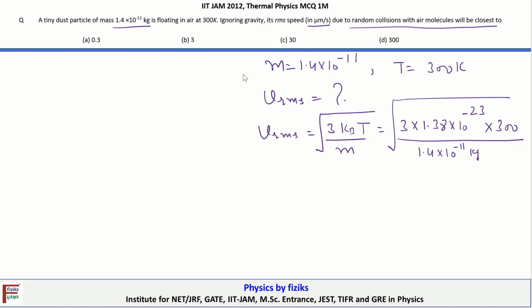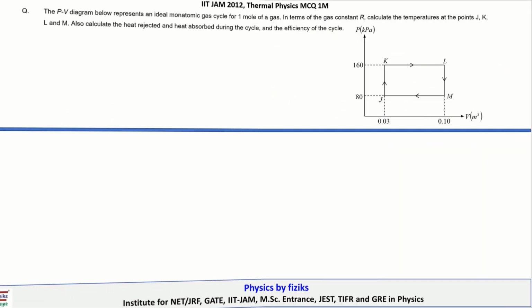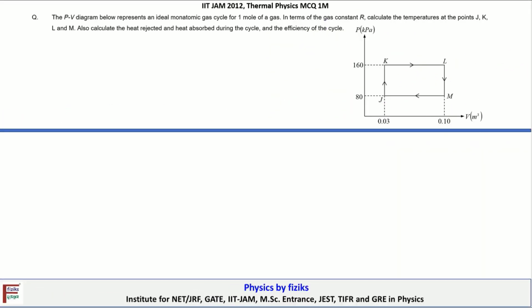If you evaluate it, it comes out to be 30 into 10 power minus 6 meter per second, which is equal to 30 micrometer per second. So therefore C is the correct option here. So let's continue with the next question.